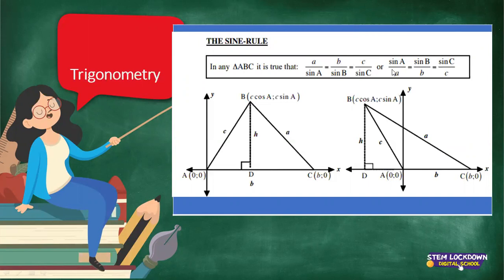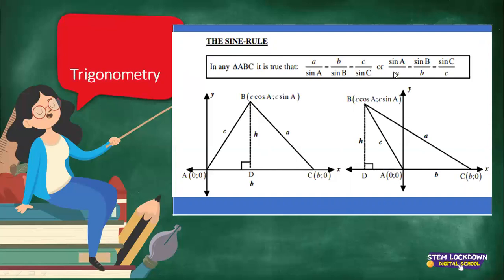Or we can put it the other way: sine A over a equals sine B over b equals sine C over c. So this is our sine rule. We need to learn how to prove the sine rule, as it is also examinable.